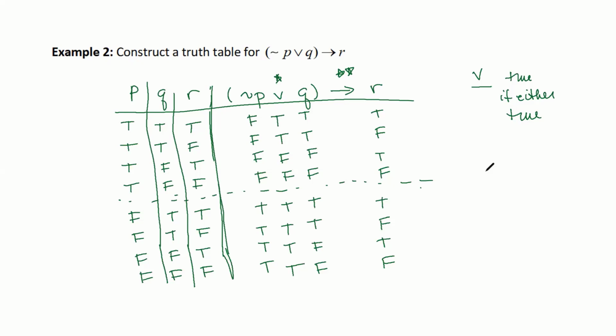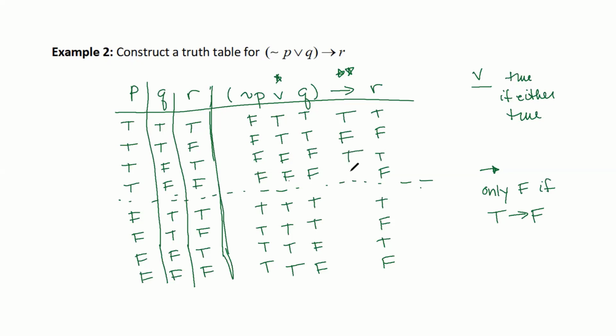Now the if-then. Let's remember with if-then, it's only false if we have true implies false. So we're looking for a true from this column to imply a false in this column. Let's see. We have true implies true, true. Here we go. True implies false will be false. False implies true is true.